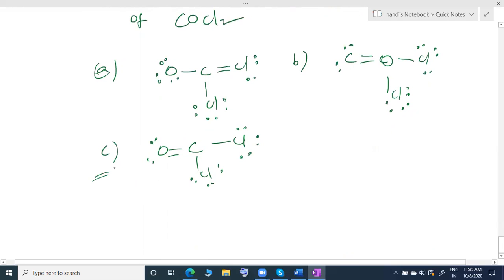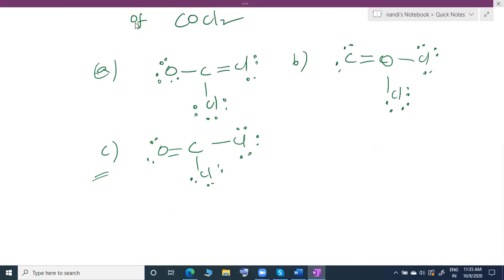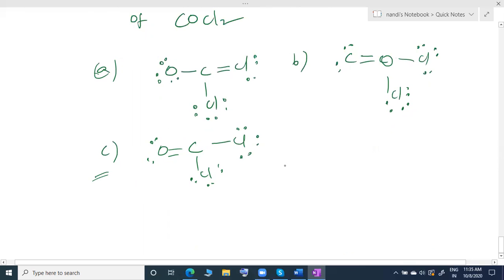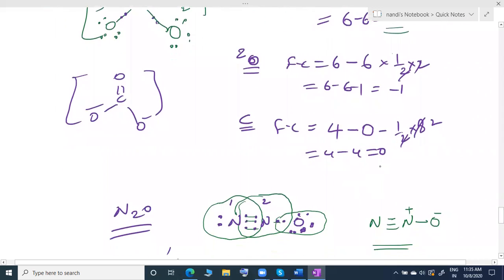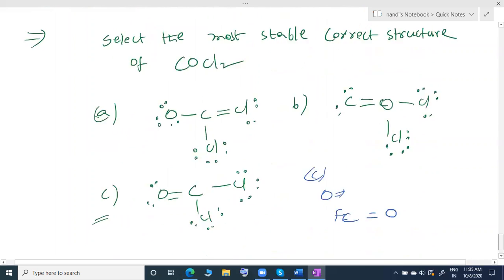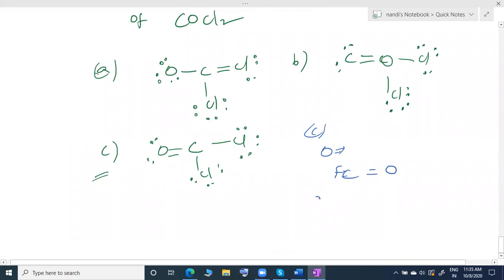For example, I'm taking structure C. Here I have formal charge 0 on oxygen. Then carbon formal charge. You can see C double bond O, so carbon formal charge is also 0. I'm using this, but you can try it directly using the formula. Carbon formal charge is 0.